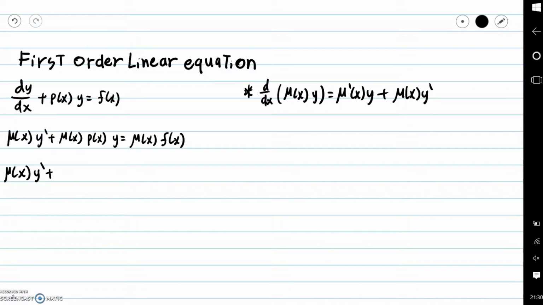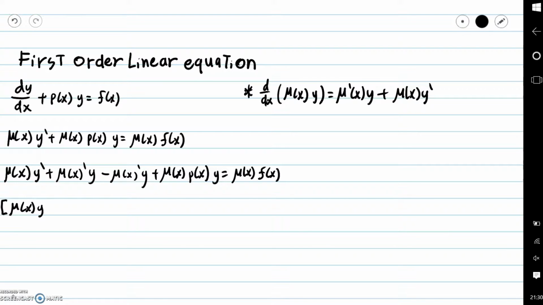We then add the derivative of mu(x) times y into the equation, then minus it again, so it will be now. And the equation will look something like this. We continue to simplify the equation and combine using the product rule and continue to the other part of the equation.